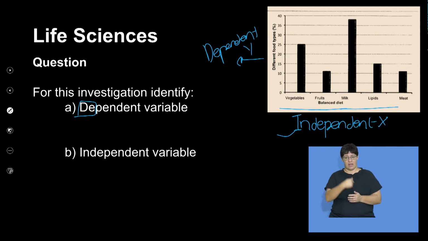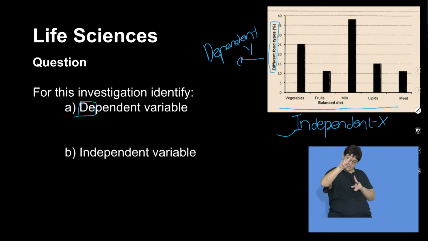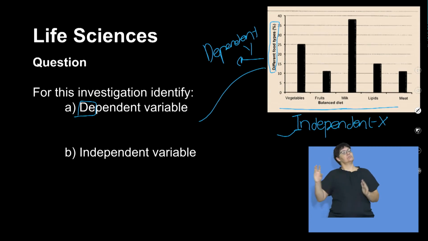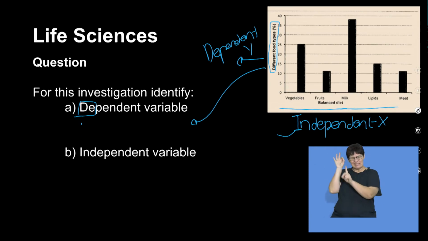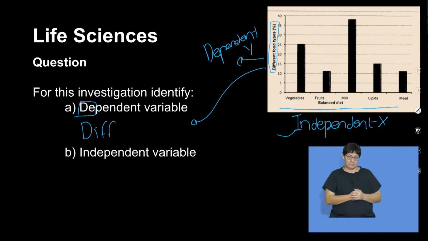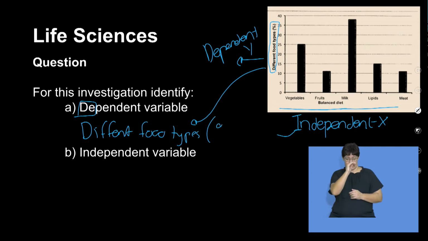I, independent, what I chose, is at the bottom. So the dependent variable, guys, you go to your graph, you take this, and you write exactly what it says. You write the units and everything. You don't make up your own. There it is. You take it, and that is your answer. Right, the different food types, and you tell them it's the percentage.